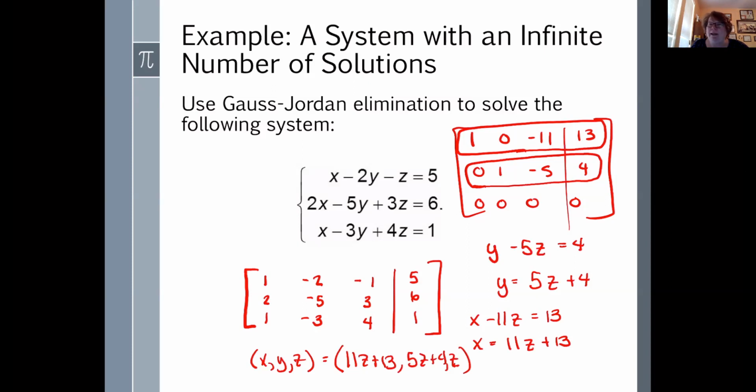So we solve y in terms of z. That's your second coordinate in your ordered triple. Then you write the first row as an equation and solve for x, and that will be the first coordinate in your ordered triple. So x and y depend on what the value of z is.